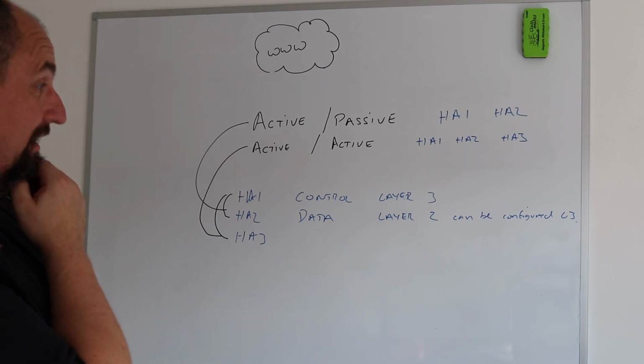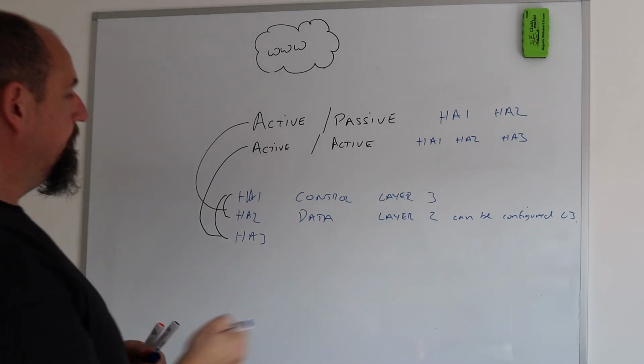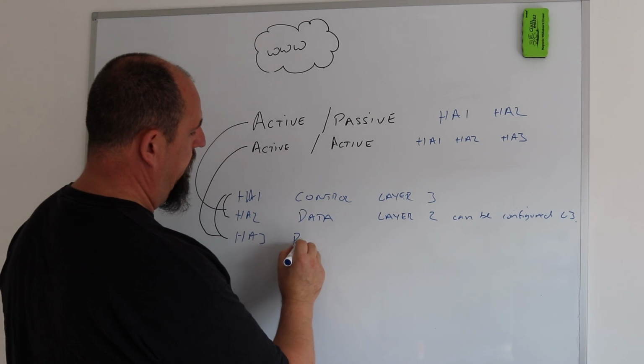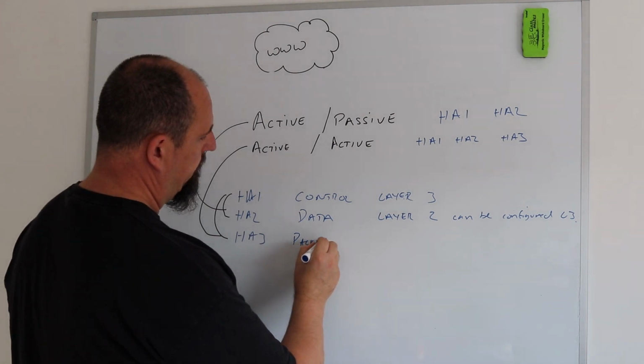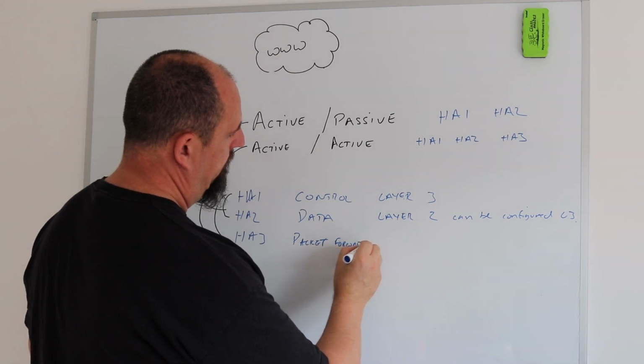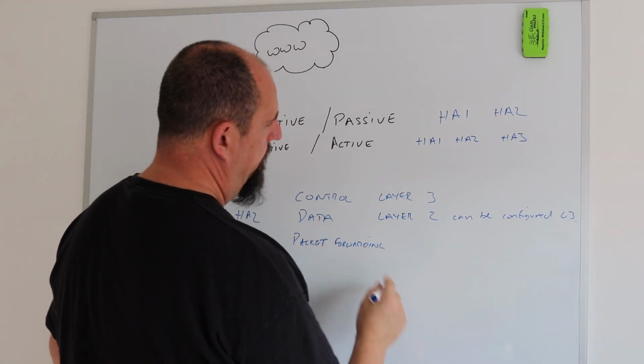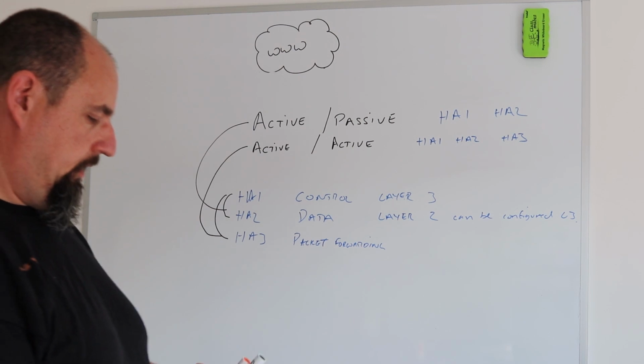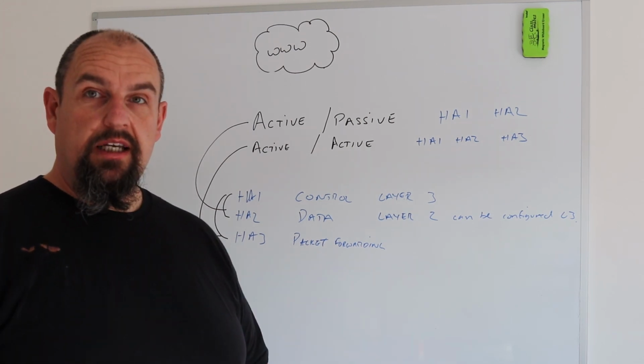Those are for active active, and this is our packet forwarding link between the two firewalls. So that's pretty much HA.